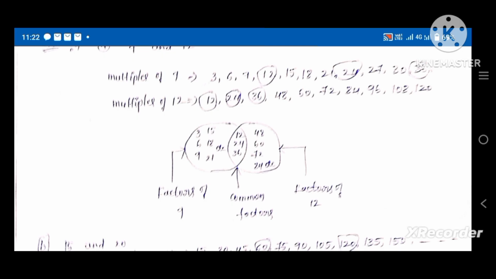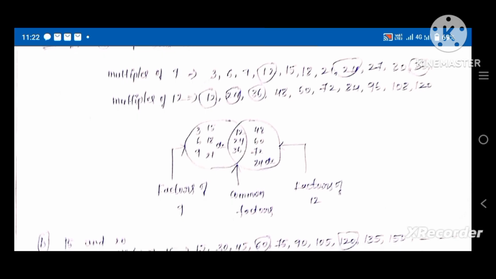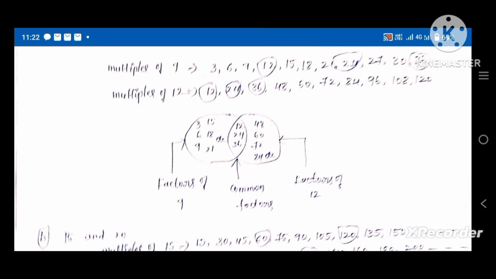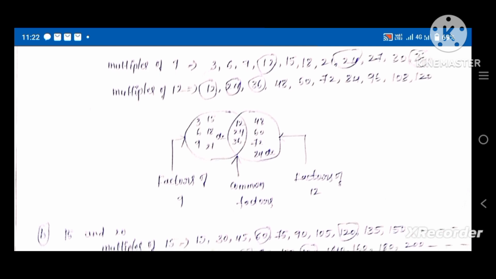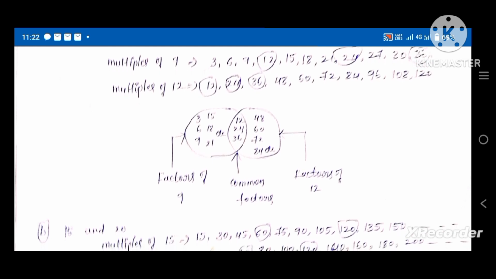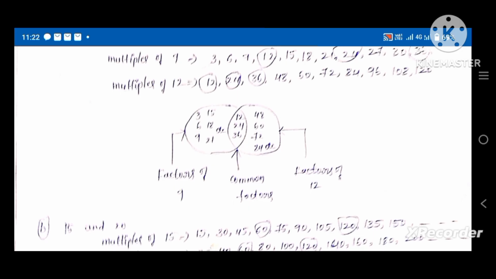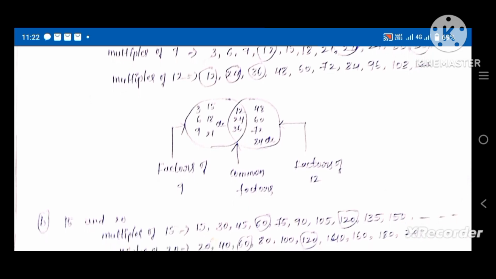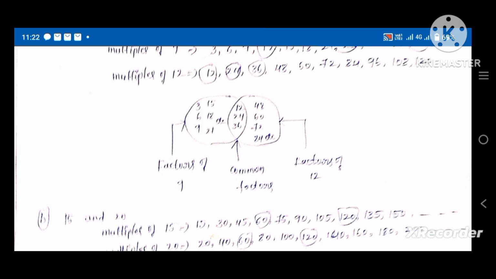Multiples of 12 are 12, 24, 36, 48, 60, 72, 84, 96, 108, 120.